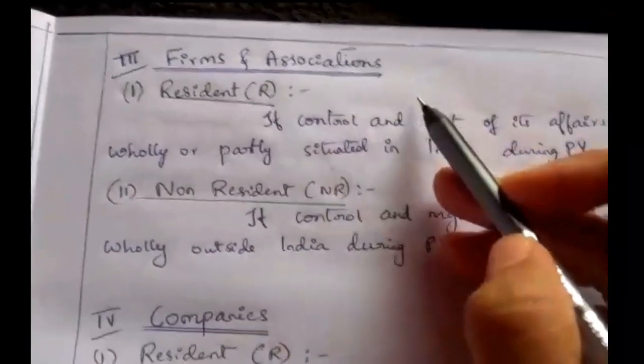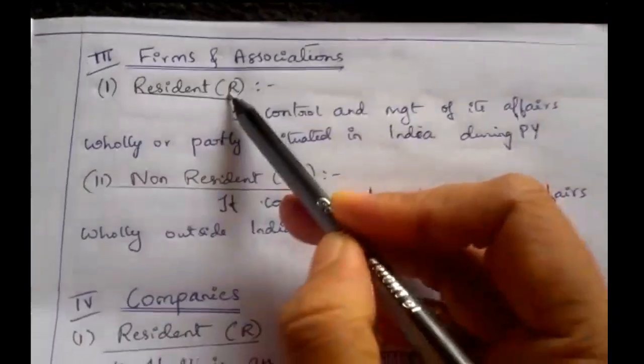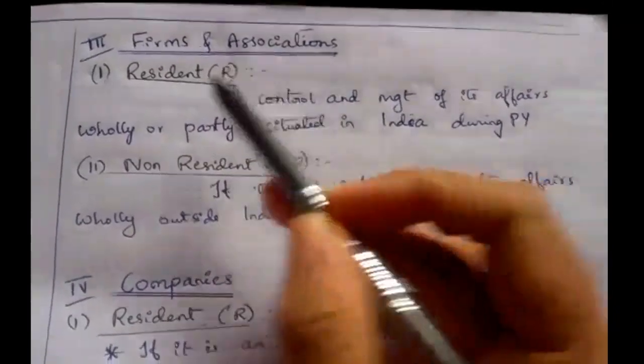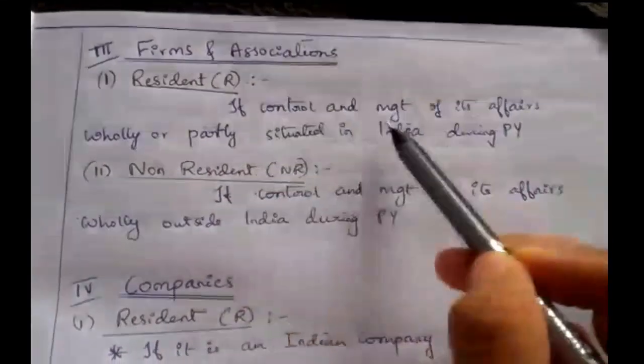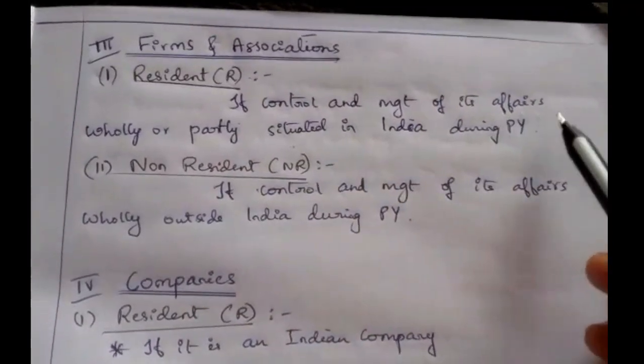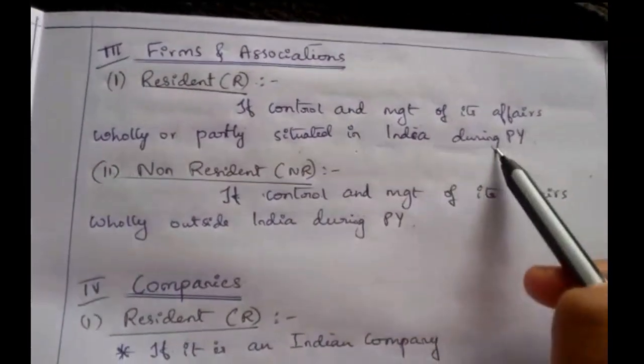Next, we'll see the residential status of firms and associations. In the case of firms and associations, the residential status is divided into two: resident and non-resident. A firm or association becomes a resident if the control and management of its affairs is wholly or partly situated in India during the previous year.